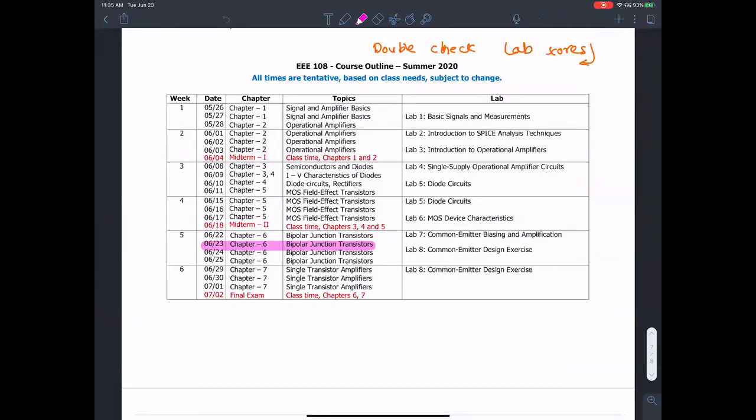That would be the common emitter and common source amplifier. I don't know if we are going to look at the common source amplifier using MOSFETs, but it's very similar to the common emitter in BJTs. All right, questions, please.